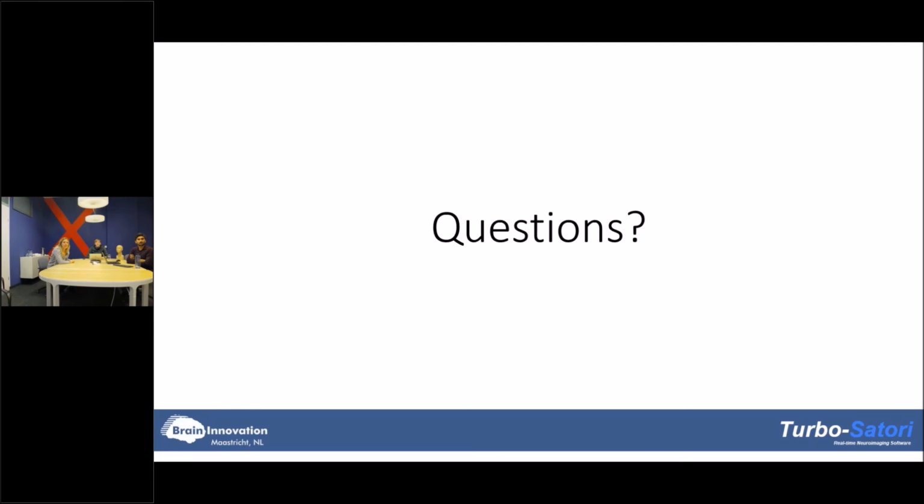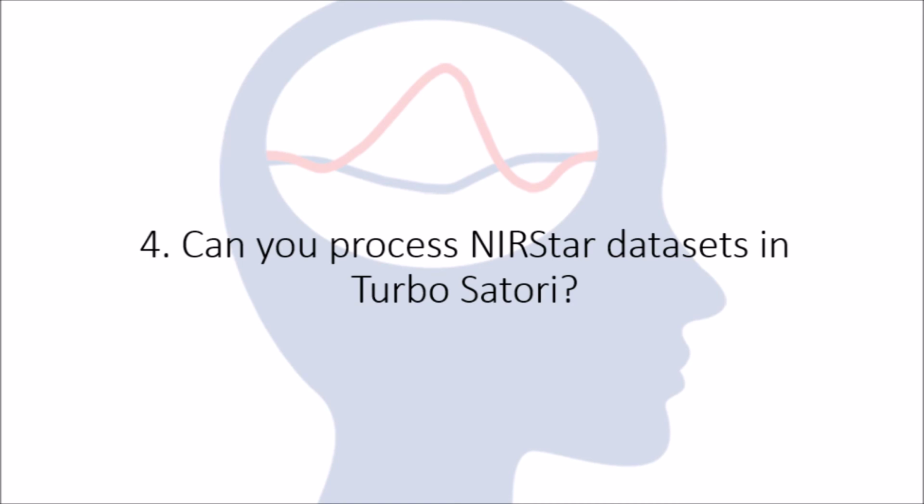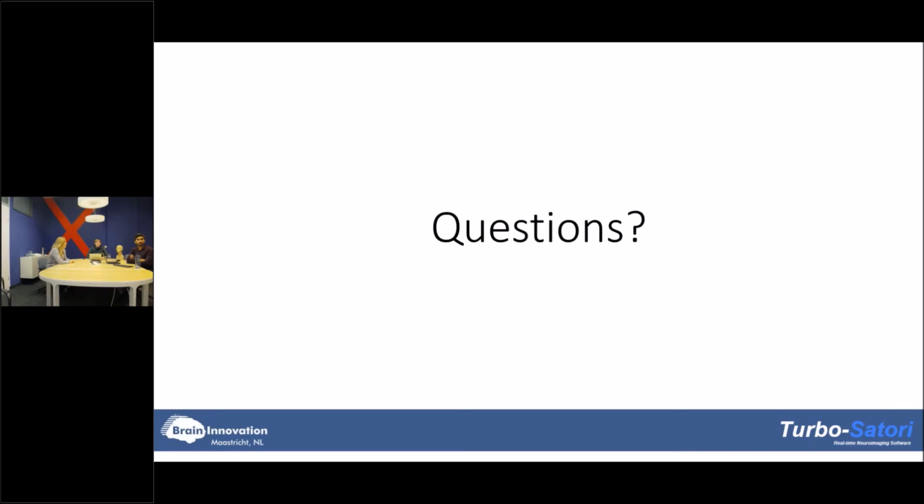I have a data set recorded in NIRx. Can you first process these data sets in Turbo Satori in simulation mode for training, and would that require a specific script to convert the file format, or is the HDR file enough?